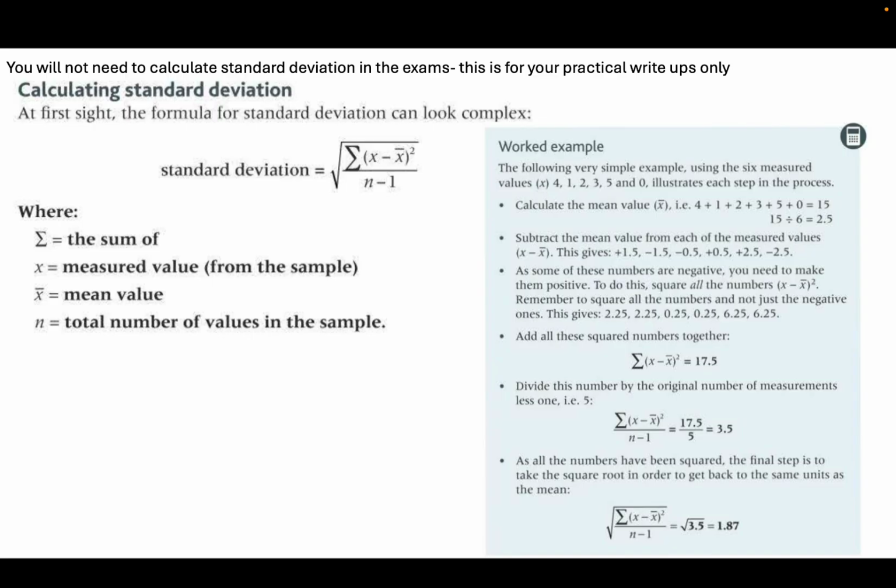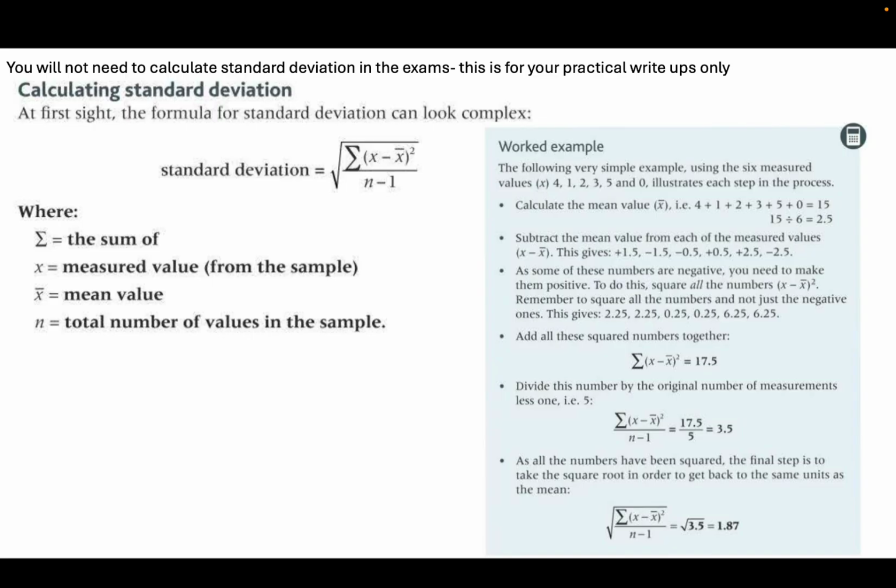So we square all of these numbers to get 2.25, 2.25, 0.25, 0.25, 6.25, and 6.25. And then you get the sum of all of these numbers, which is 17.5, and then you divide by n minus 1.